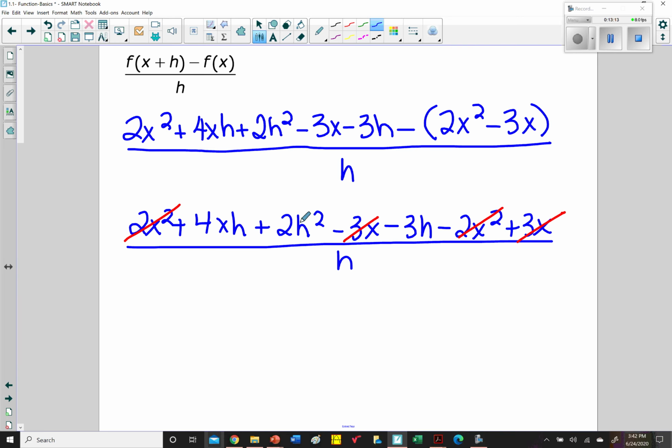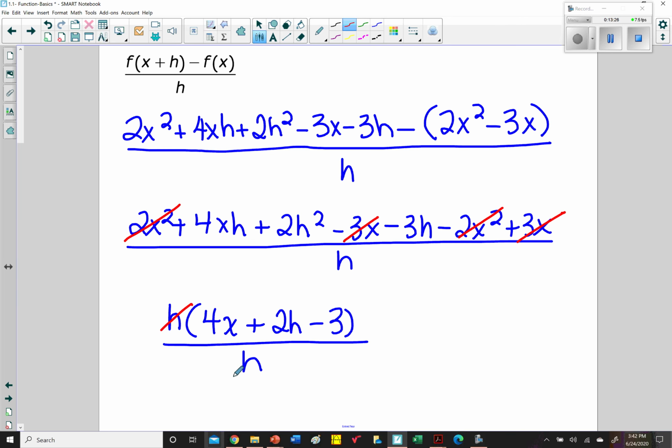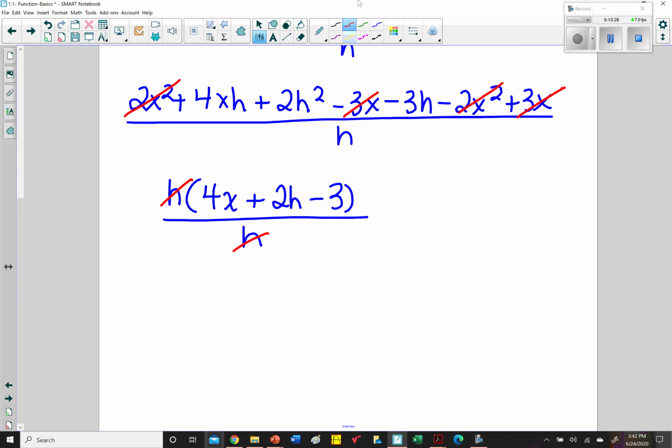And then you notice each term left has an h in it. So if we factor out an h from the numerator, we could divide out the h in the denominator, and then the difference quotient result is 4x plus 2h minus 3, called the difference quotient.